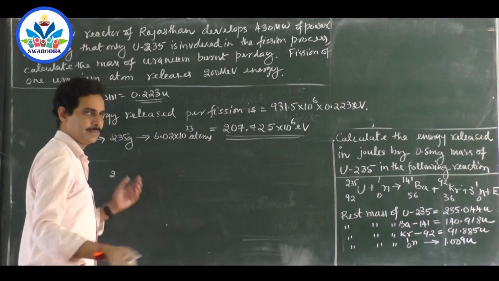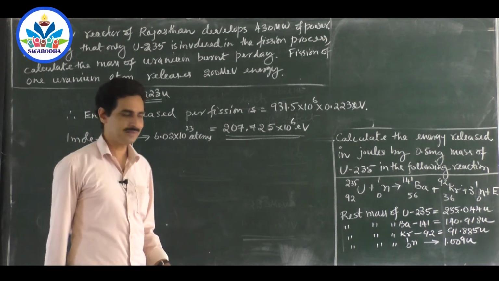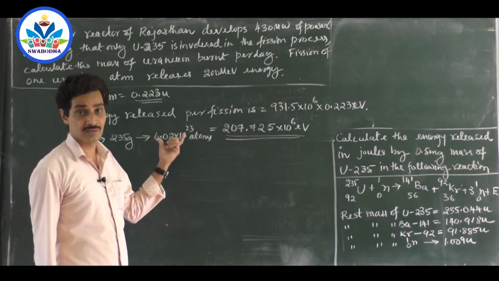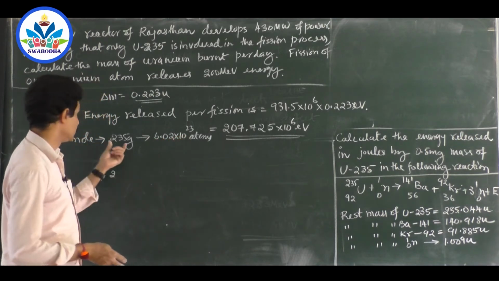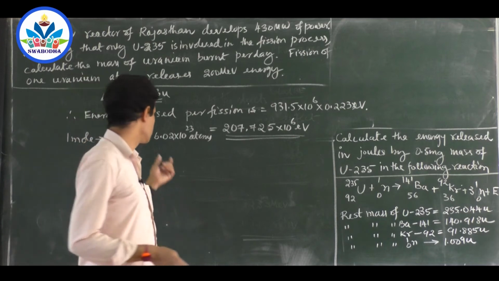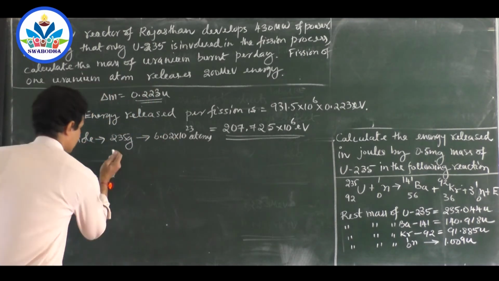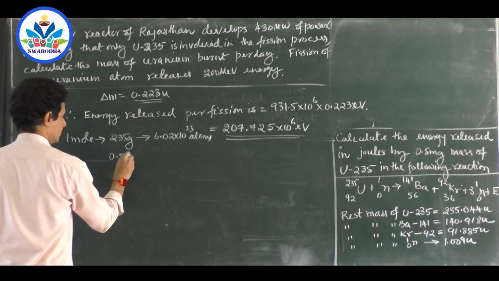If all the uranium is lost in fission, this many atoms will be lost, and so many fissions will occur, but you have taken only 0.5 milligram.